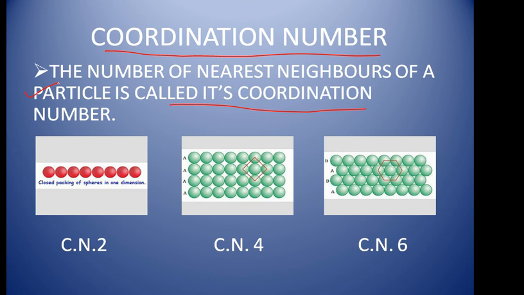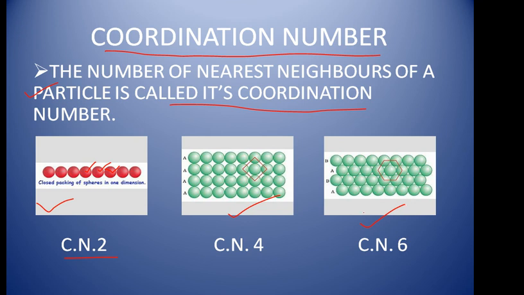So in one dimension the coordination number is 2 because each atom is in immediate contact with 2 other atoms. In square close packing the coordination number is 4 and in hexagonal close packing the coordination number is 6. I hope it is clear.